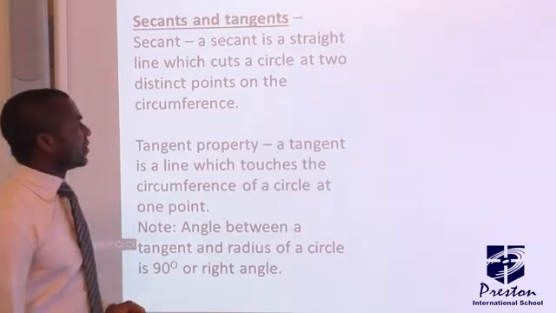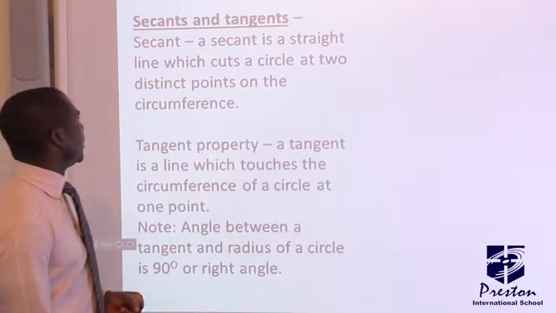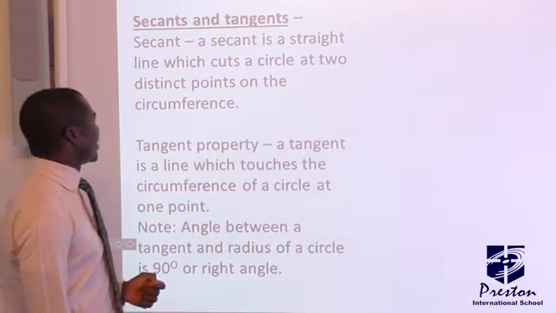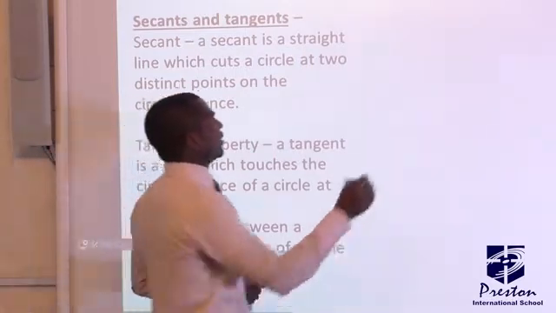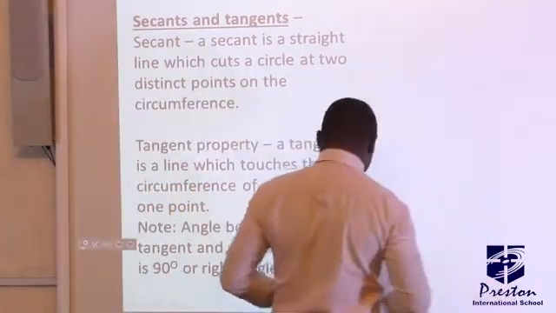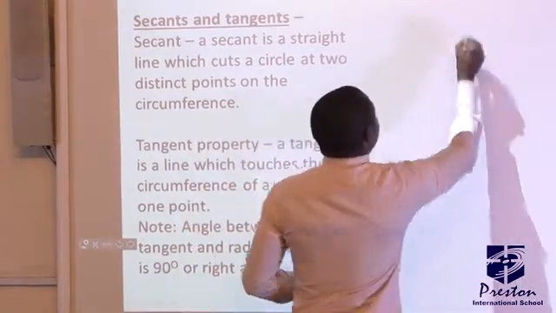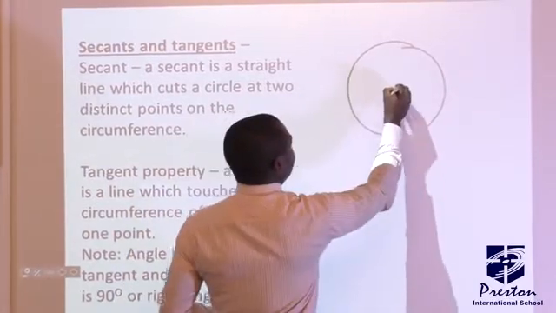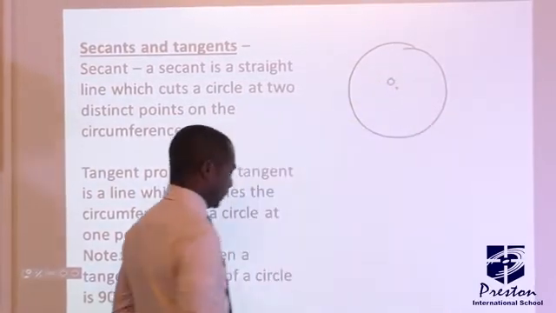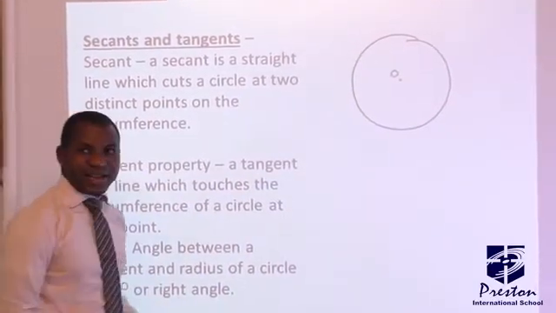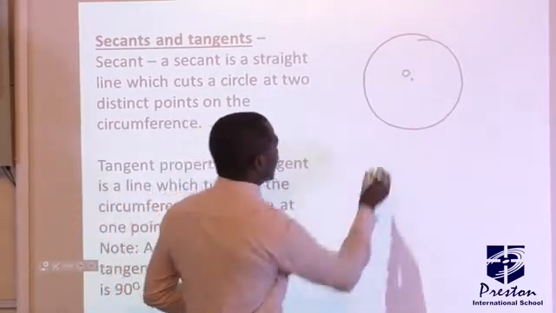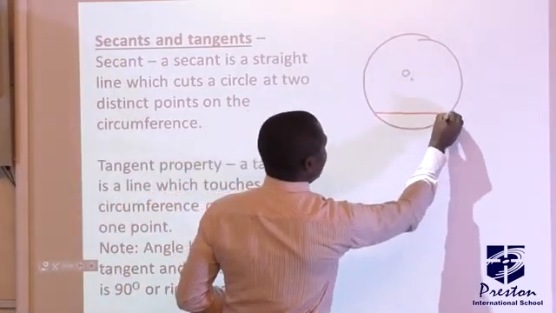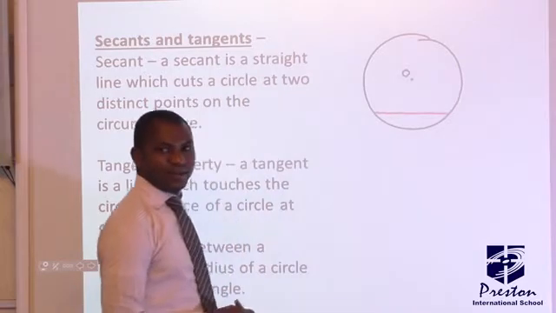Now, for secant, a secant is a straight line which cuts a circle at two distinct points on the circumference. It's just like, now having this as a circle, center O. Just like the case that we have a chord, a chord is two points on the circumference.